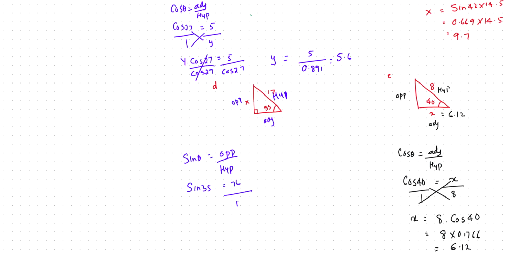Cross multiply. So x equals sine 35 times 17. Sine 35 is 0.573, times 17, which is 9.75.